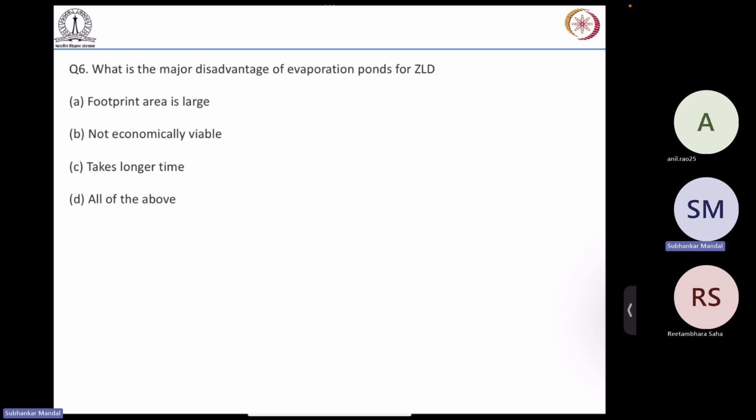Okay. So the next question, question 6. What is the major disadvantage of evaporation ponds for ZLD, zero liquid discharge? Options: footprint area is large, not economically viable, takes longer time, and all of the above.